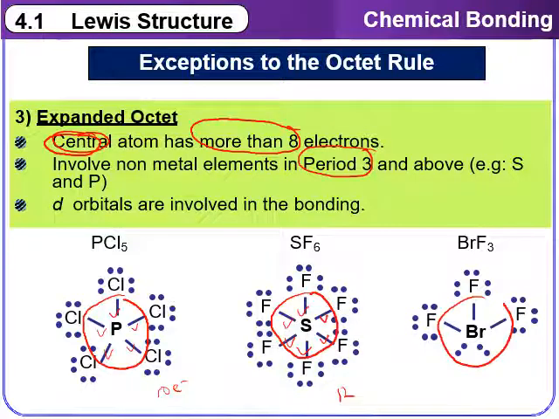Bromine also, 2, 4, 6, 8, 10. All these examples have more than 8 electrons, and these elements are in period 3.